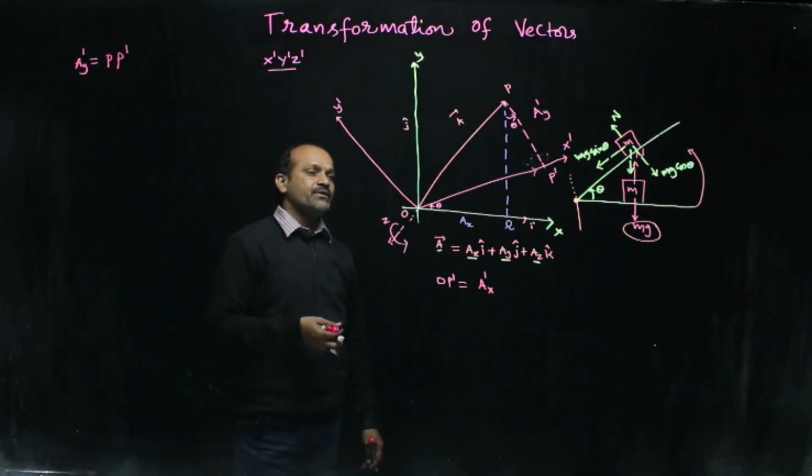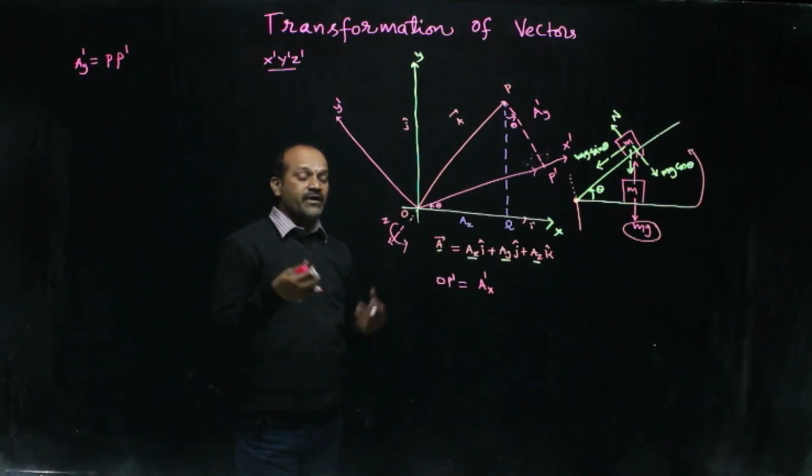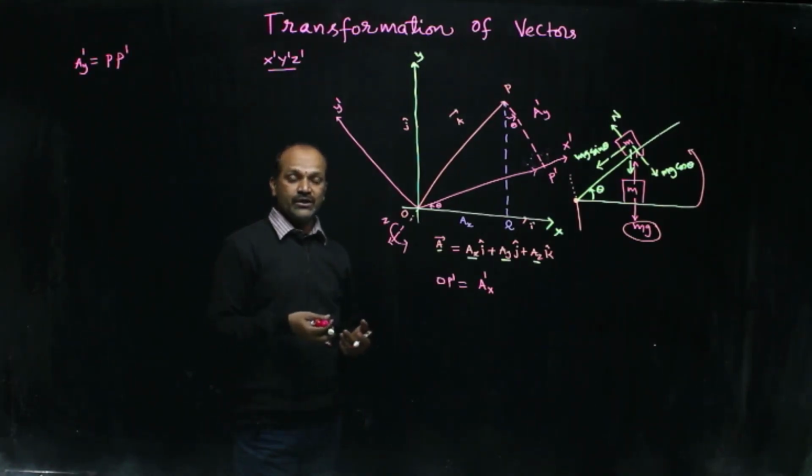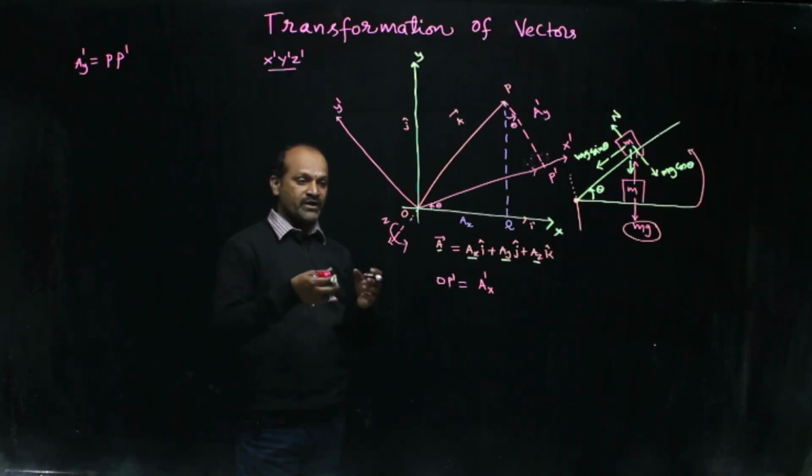So, here we have to find out Ax dash in known values. What is the data given to us? We have been given Ax, Ay, Az and theta, that is all. So, in terms of that only we have to derive the value for Ax dash.